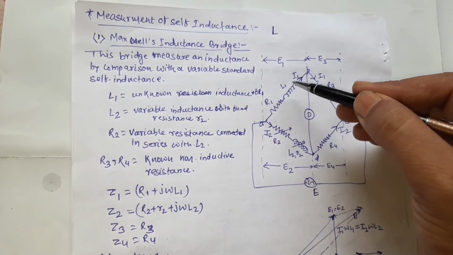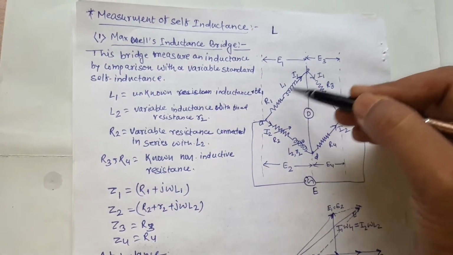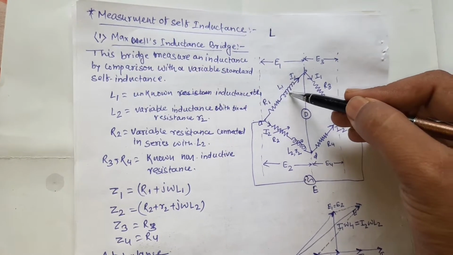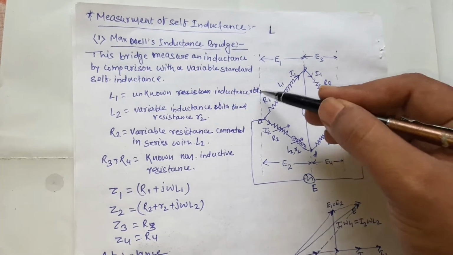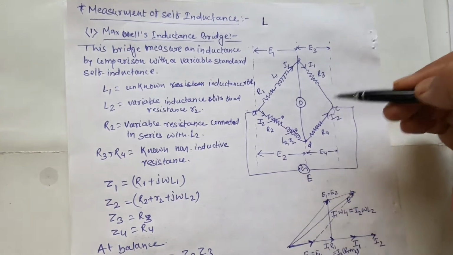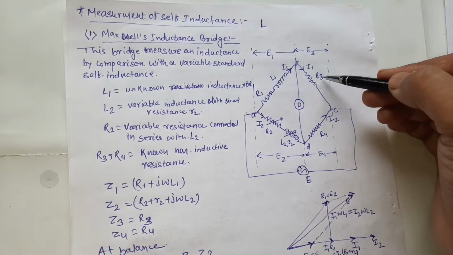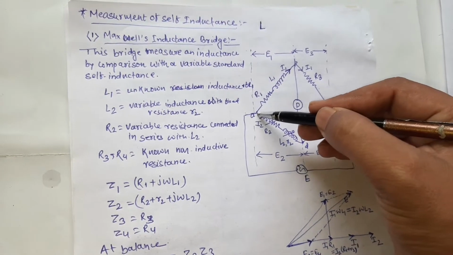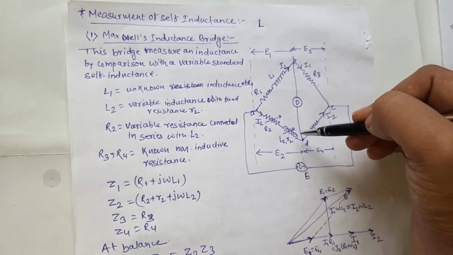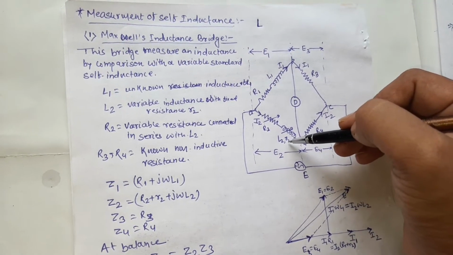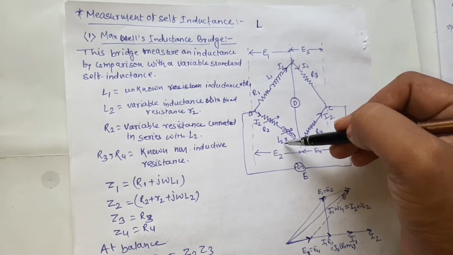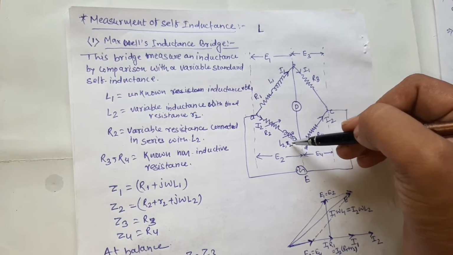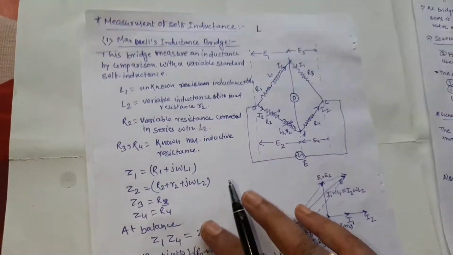Suppose branch 1 contains R1 and L1. L1 is the unknown inductance having internal resistance R1, branch 3 has only resistance, branch 4 has only resistance, and branch 2 has variable resistance R2 and variable inductance L2 having internal resistance r2.